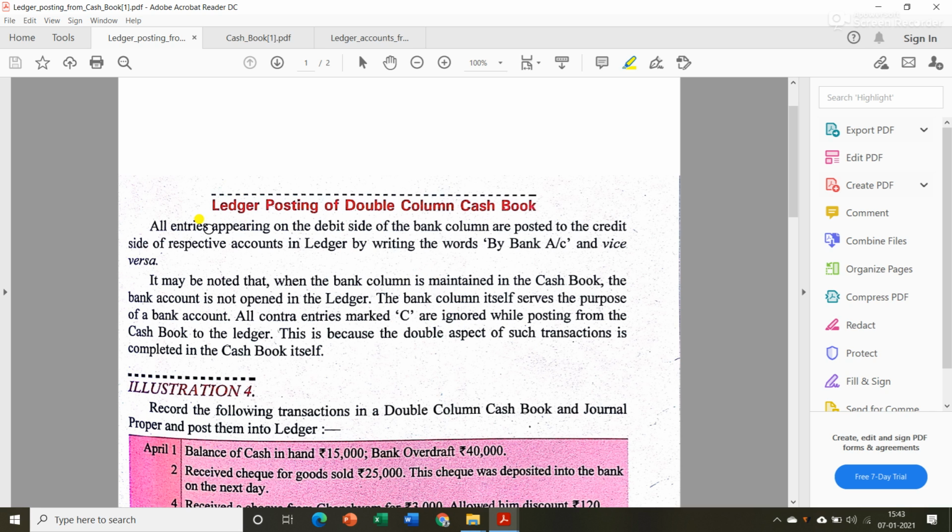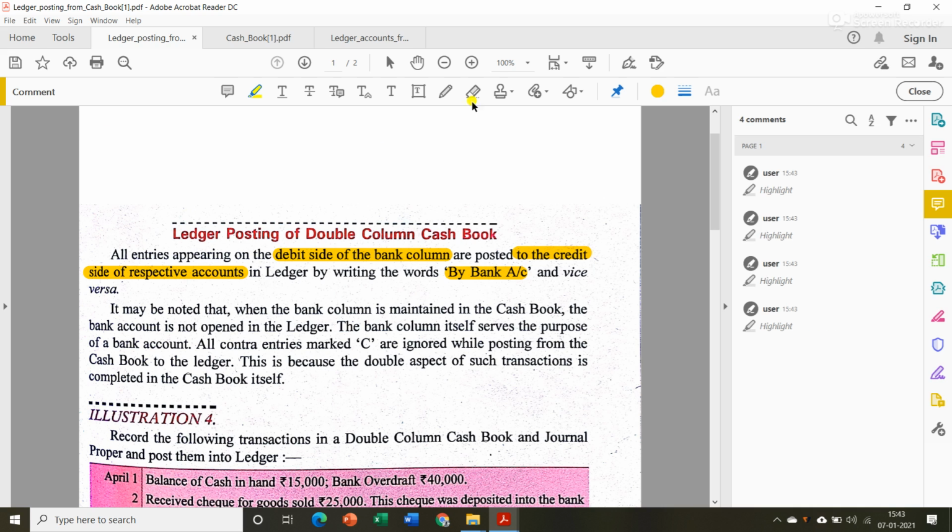All entries appearing on the debit side of the bank column are posted to the credit side of the respective accounts in the ledger by writing "by bank account". Remember, usually we have two sides in the cash book.